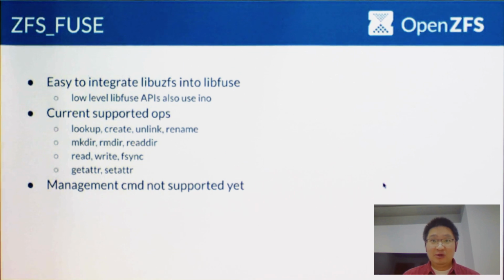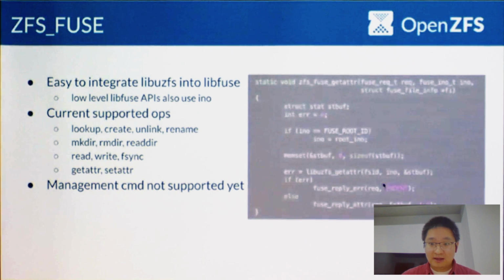Using libuzfs, we implemented a basic version of ZFS Fuse, which supports mounting through the Fuse kernel module. Translated from the ZFS API, it's really easy to integrate with Fuse.